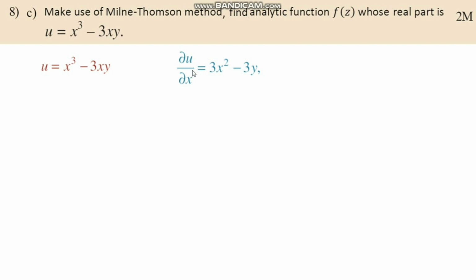Consider ∂u/∂x. Why? Because to get analytic function f of z, we need to find the first order partial derivatives ∂u/∂x and ∂u/∂y. ∂u/∂x is 3x square negative 3y, ∂u/∂y: x cube is a constant, derivative with respect to y is 0, negative 3x constant, y derivative with respect to y is 1.